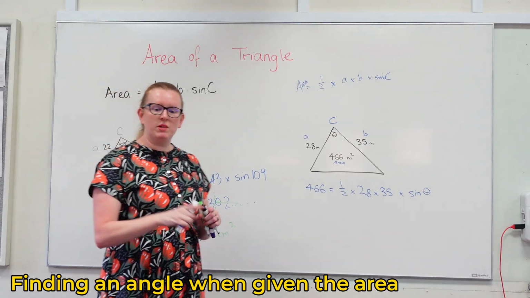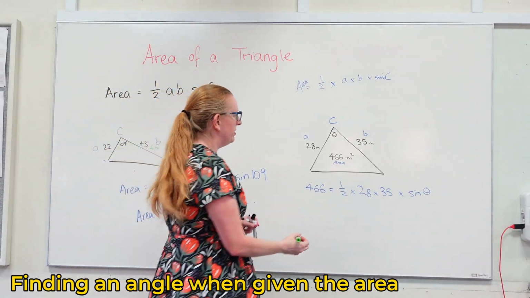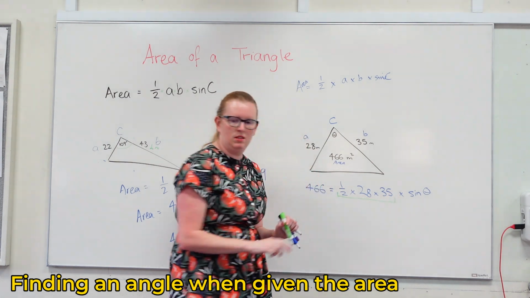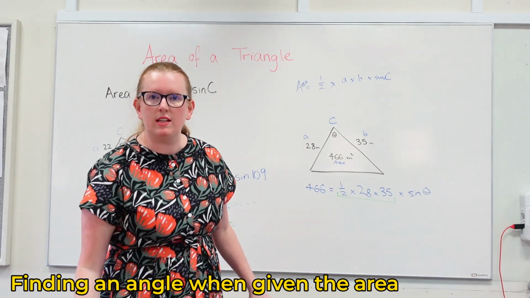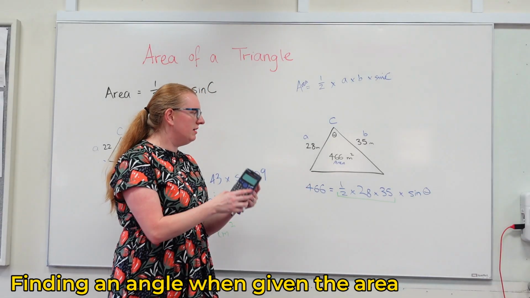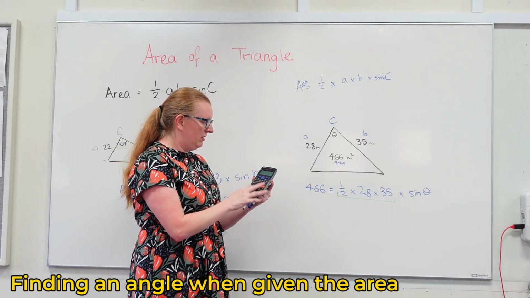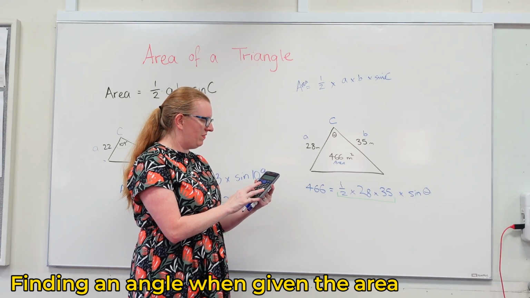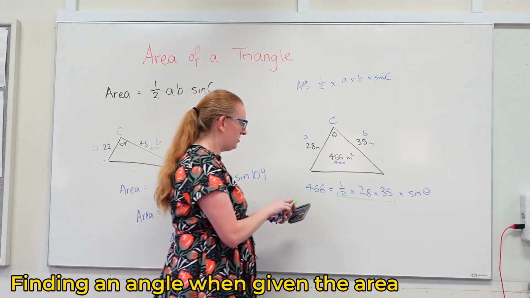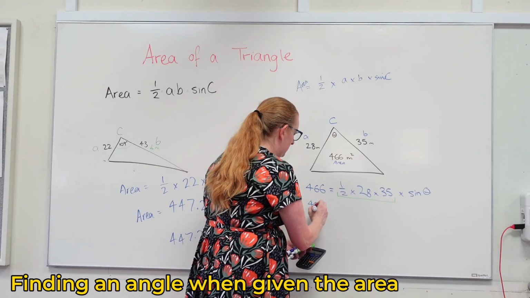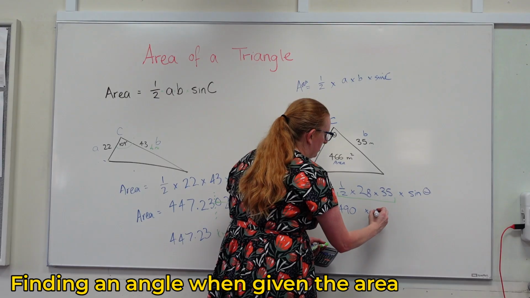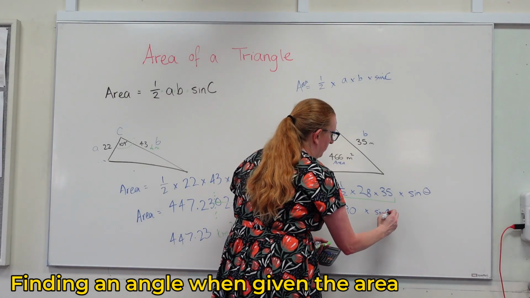All right, so now in my calculator, I'm going to type in this, because I can't type in sine theta yet. I don't have a number there. So half times 28 times 35. So that's 490. So I've got 466 equals 490 times sine theta.